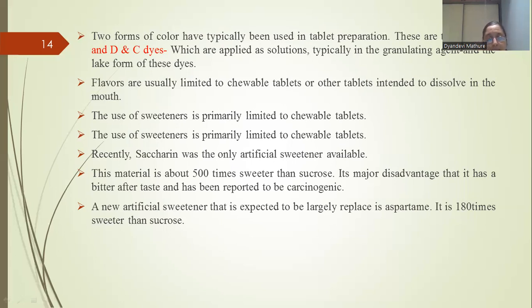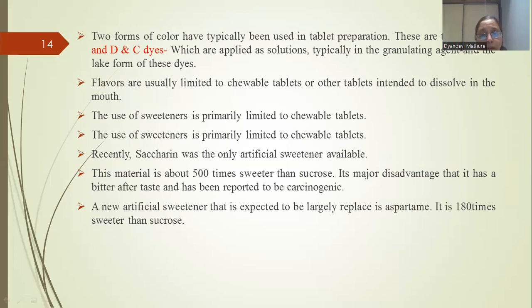So these are the examples of coloring agents and flavoring agents. These are all the excipients used in the formulation of tablets. We have diluents, which make up the volume of the powder, or if the dose of the drug is very small, we need a filler. Then we add binders and additives to bind the powder particles together so they form granules, which are compressed into tablets.